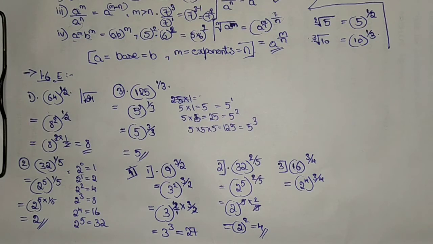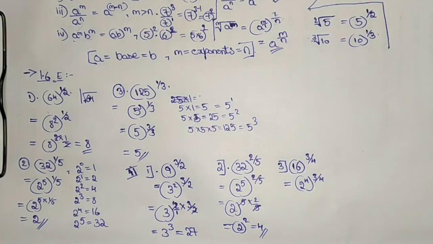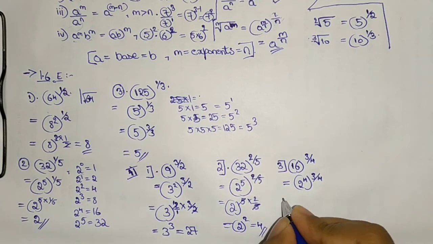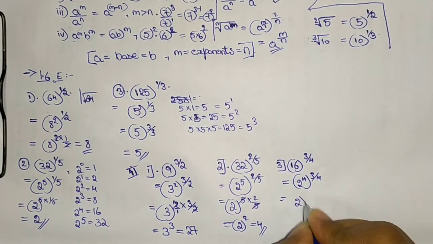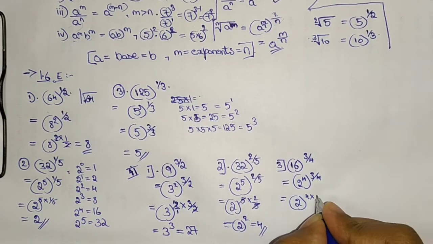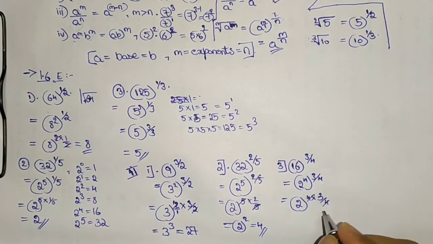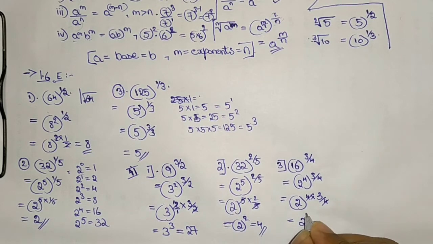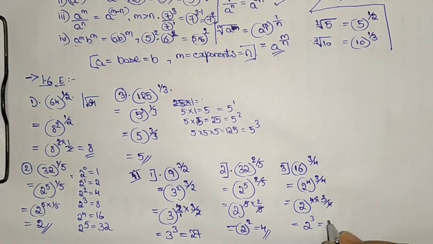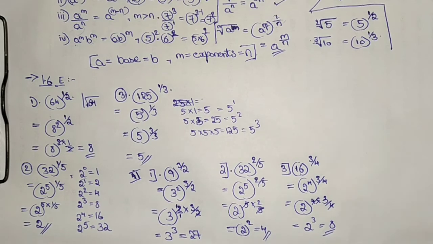Solve on your own, guys. Don't wait for me to solve. You know how easy it is. The 4s cancel. 2 power 3, and 2 power 3 is 8.